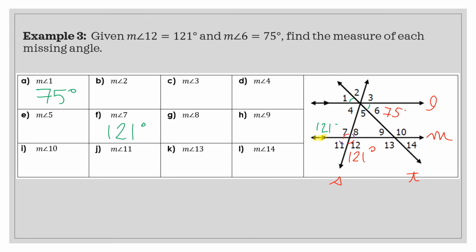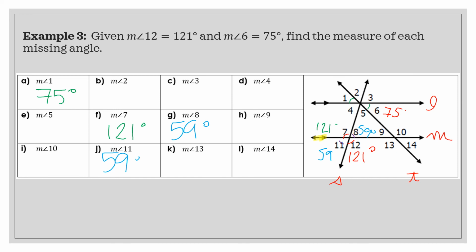So 7 plus 8 should equal 180, and same thing with 11 and 12, or 7 and 11, or 8 and 12. So if I do 180 minus 121, that's going to give me 59 degrees, and that's going to be my measure for both 8 and 11. So 8 is 59 degrees, 11 is 59 degrees.